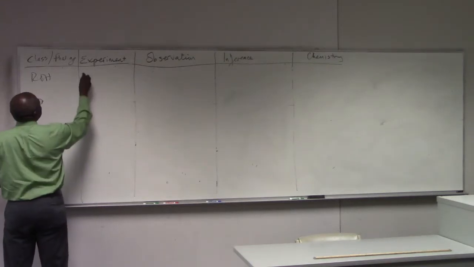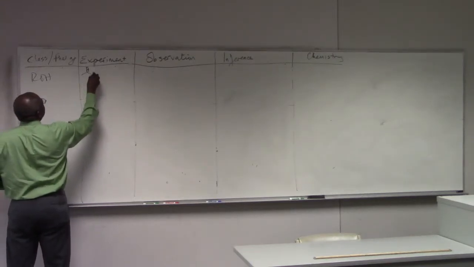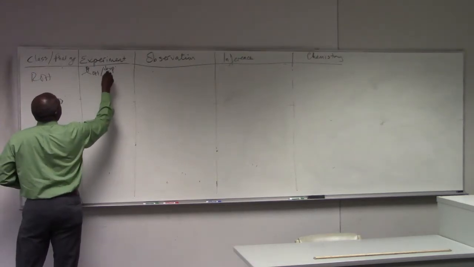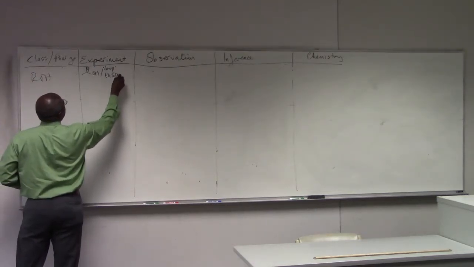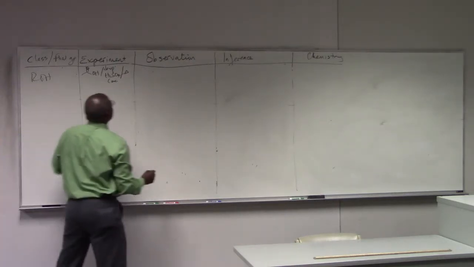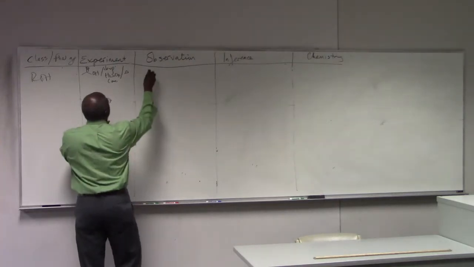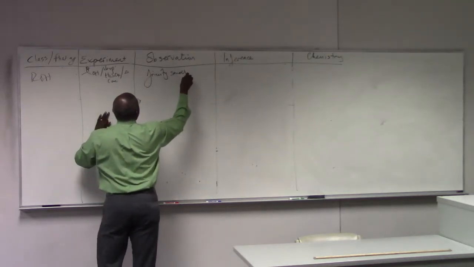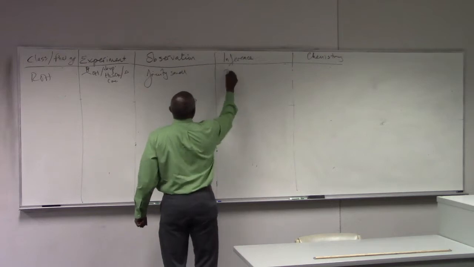So the experiment is to use acetic acid, a drop of conc sulfuric acid, and we warm it. If we get a fruity smell, then that implies we're dealing with an alcohol.